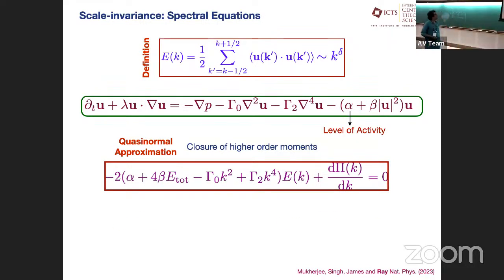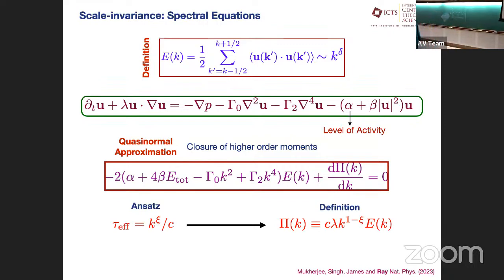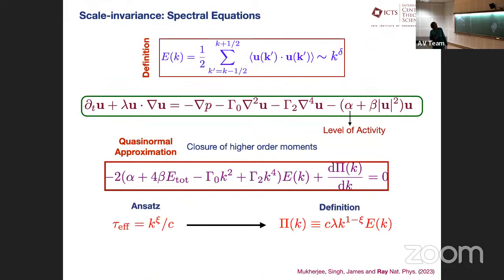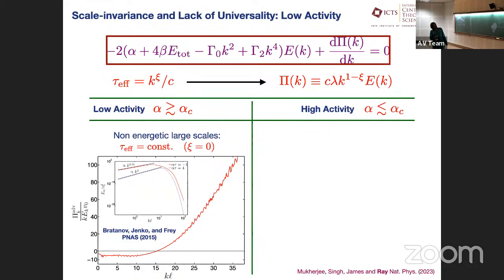I'm not going to discuss too much of the technicality, but I can tell you the following. Once you play this closure game, you can write down an approximate equation, assuming the closure to be valid, for the energy spectrum E(k), and you connect it with what's known as Pi, which is the flux of energy going across the Fourier modes.